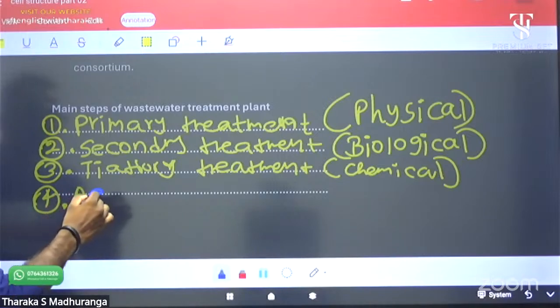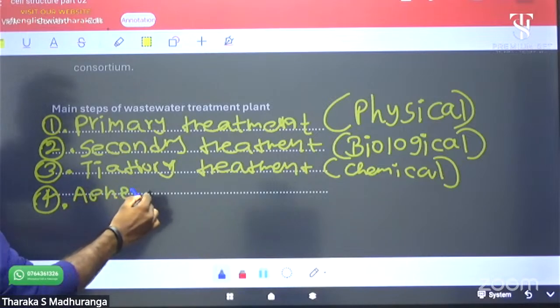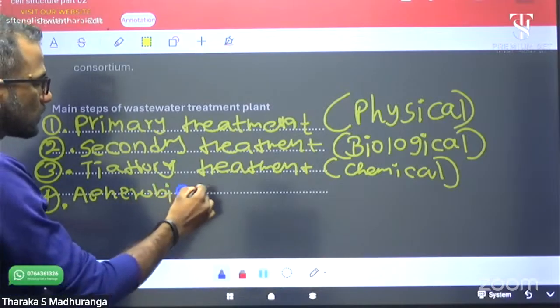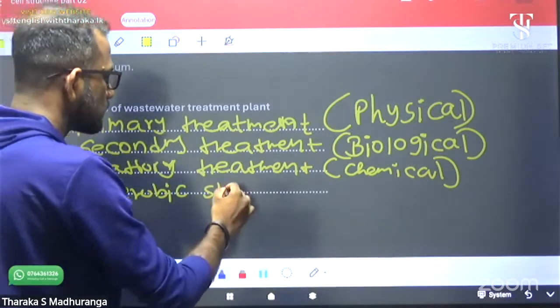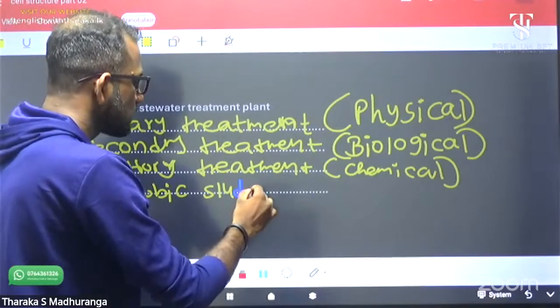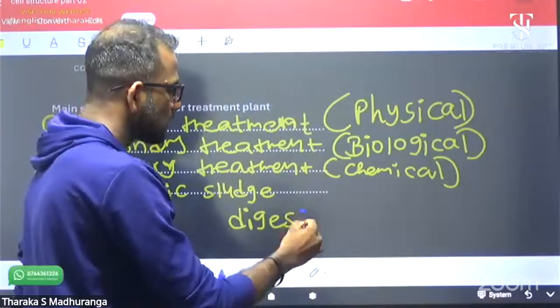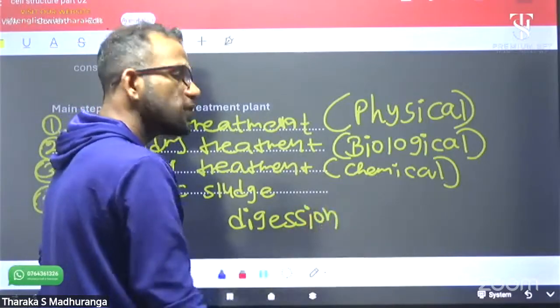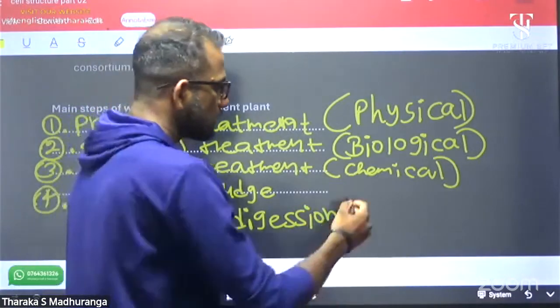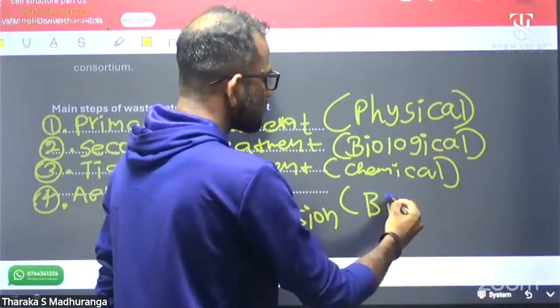The final one is anaerobic sludge digestion. That one is also a biological process.